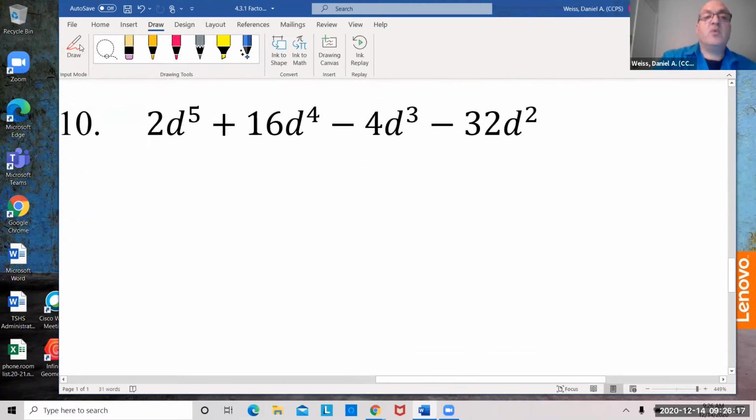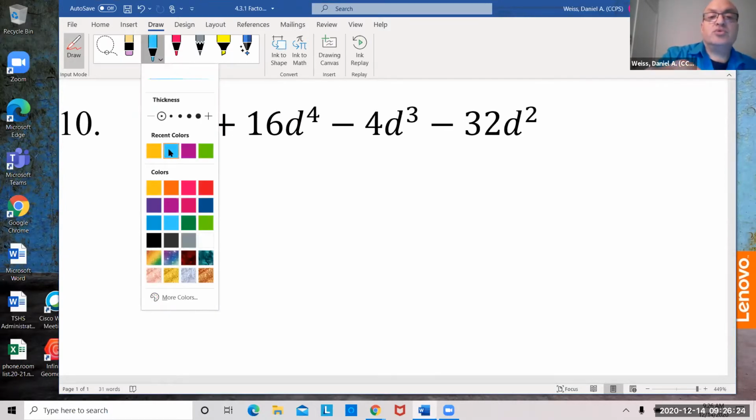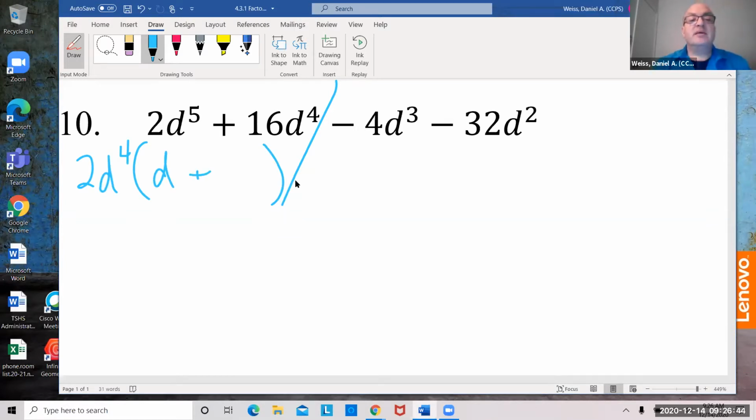All right. Once again, 4 terms. What's common in the first 2 terms? 2d to the 4th. What's left? D plus. Took out a 2 from 16, I'm left with 8.